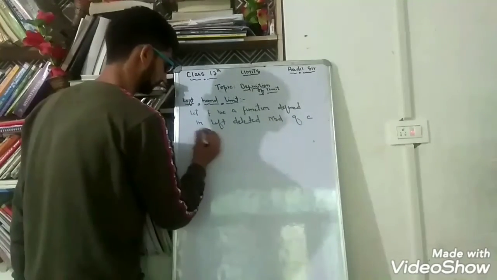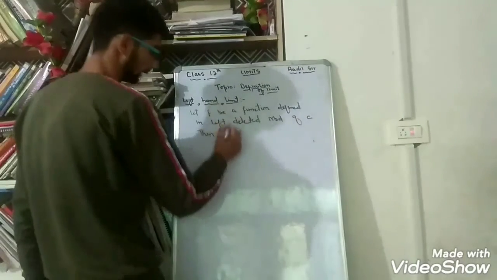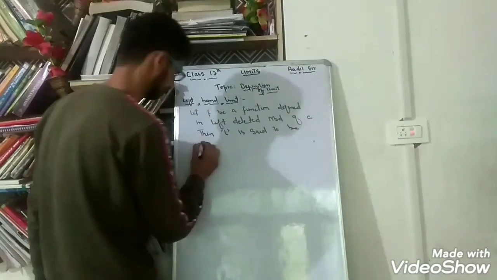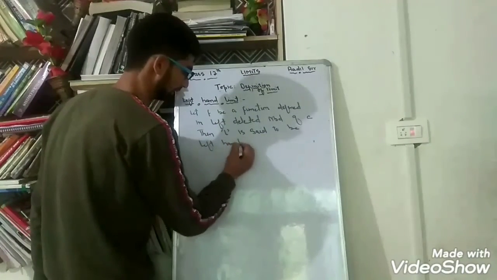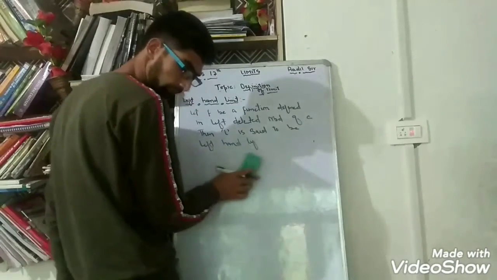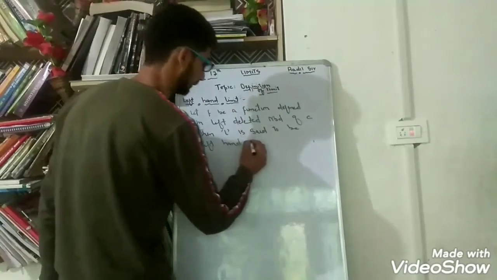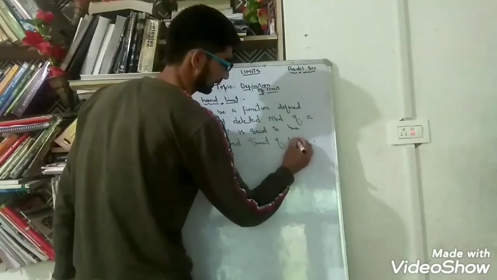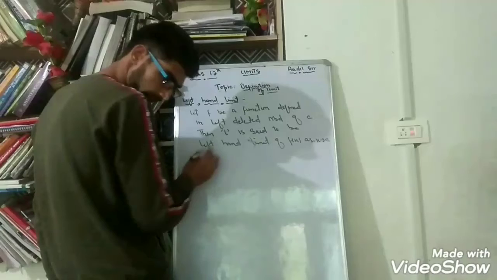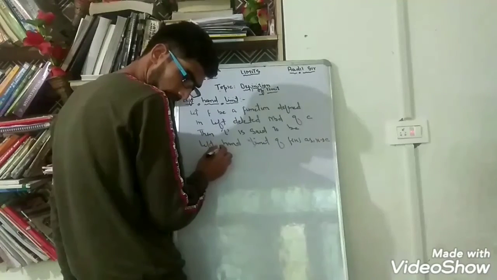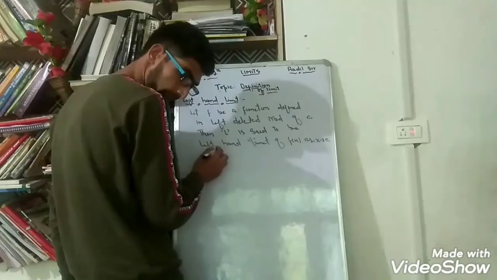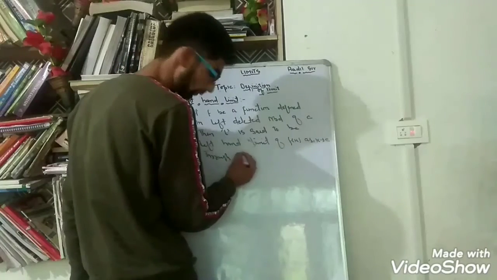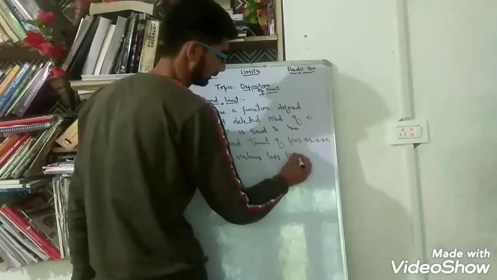Then L is said to be the left hand limit of f of x as x tends to c through values less than c.